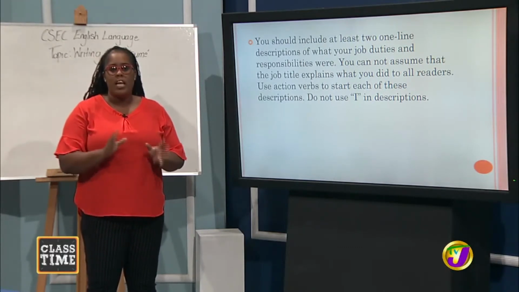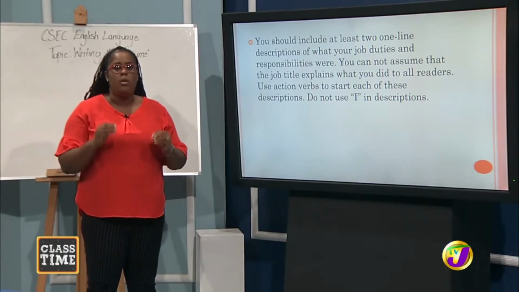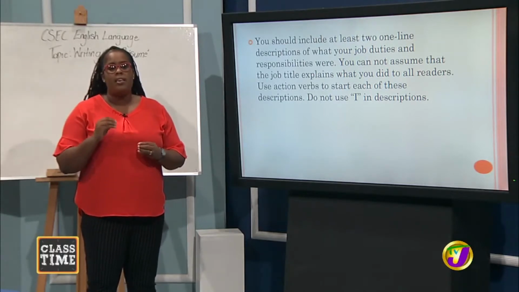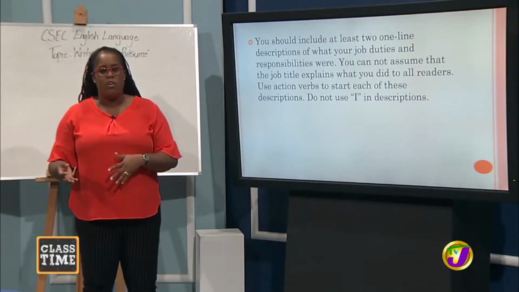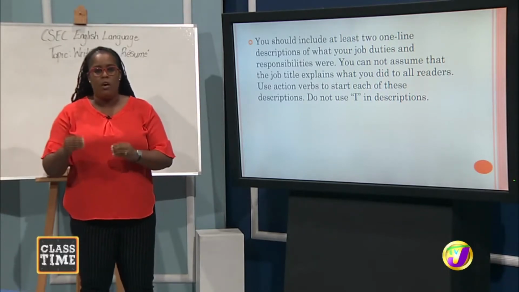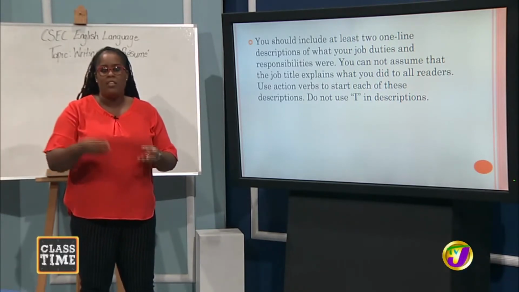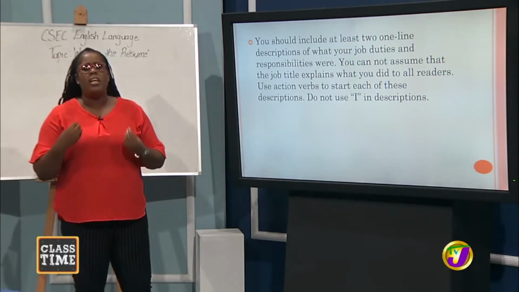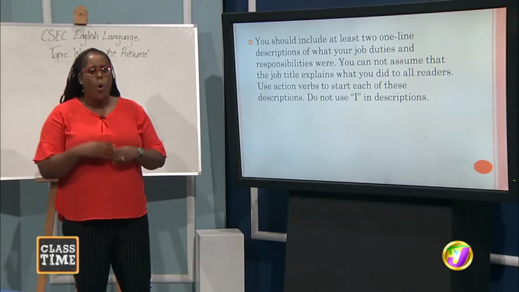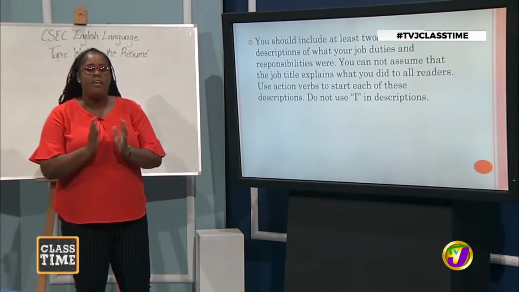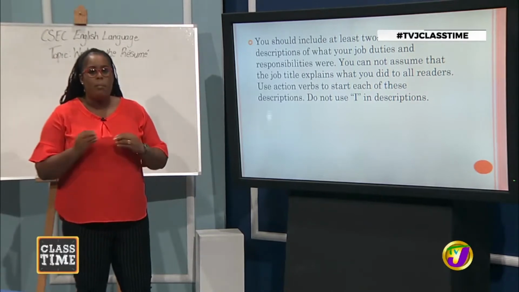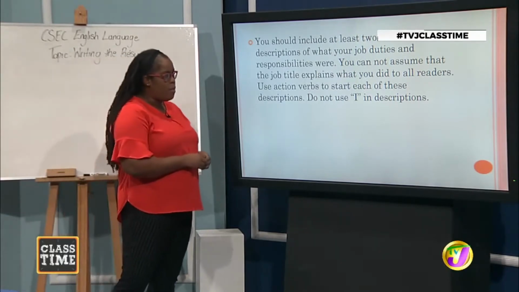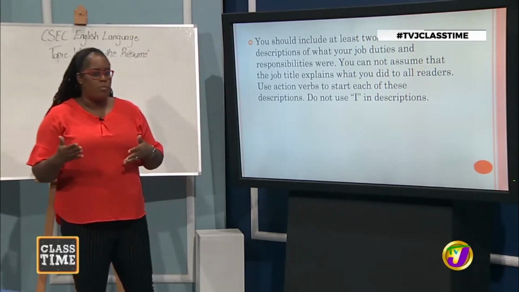So if I taught English language and literature, I would include below the school that I taught English language and literature at the CSEC level from the year 2008 to 2011, right? So be specific. Don't leave the employer hanging or make them guess about anything. Give them the information that they want, but remember, be as brief as possible. And remember, do not use I in descriptions.